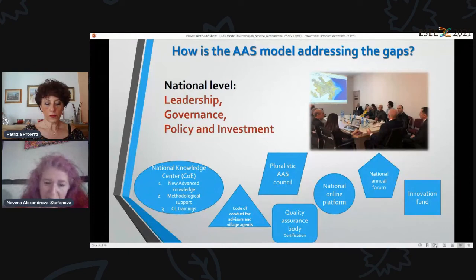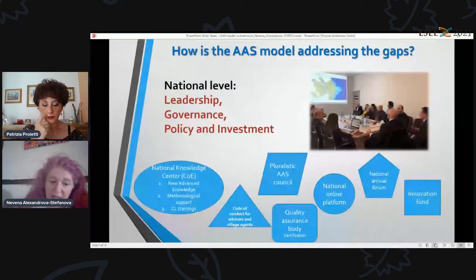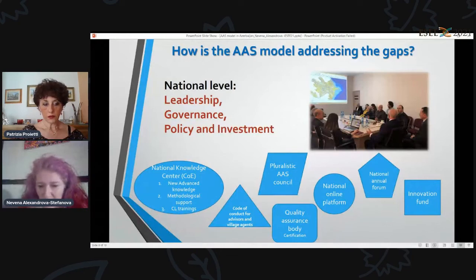Also, the national level should take care of the impartiality of the advice, and here, taking into account the fact that we have many, although not really recognized, players like farmers and private sector import suppliers, a code of conduct for advisors and village agents is to be developed, together with a quality assurance system and a national online platform that can have many functions.